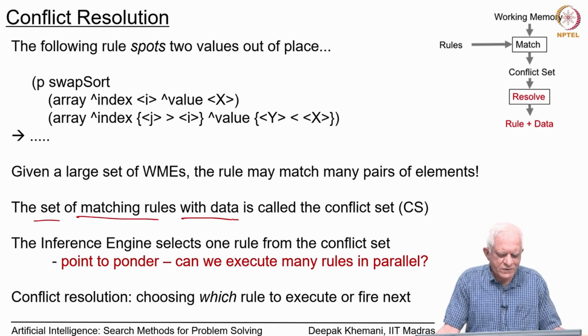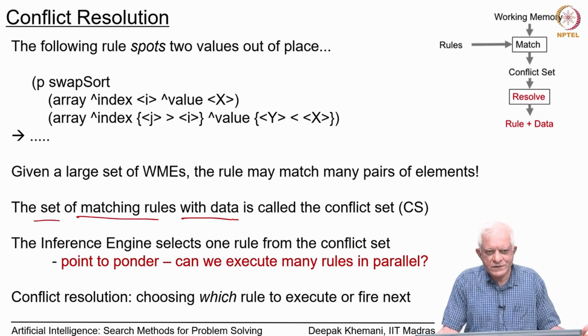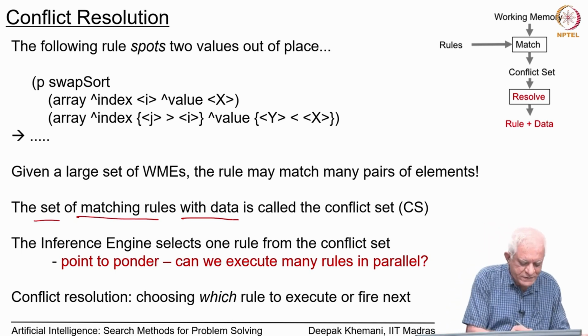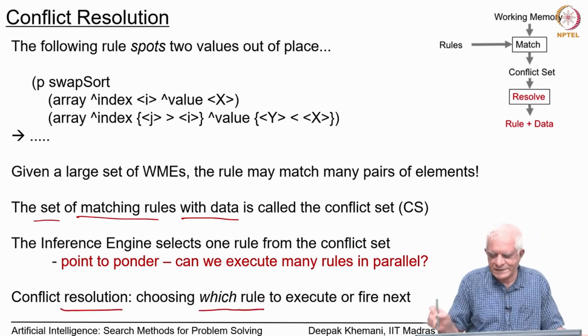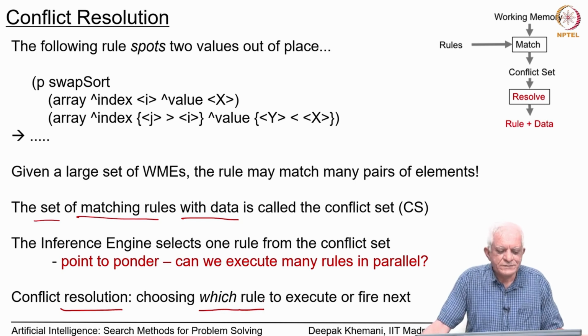We want to focus instead on conflict resolution, which is choosing which rule to execute next, or fire next essentially. So, conflict resolution asks this question, which rule to pick. Let us look at that.